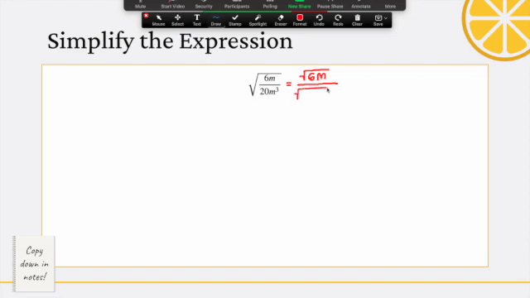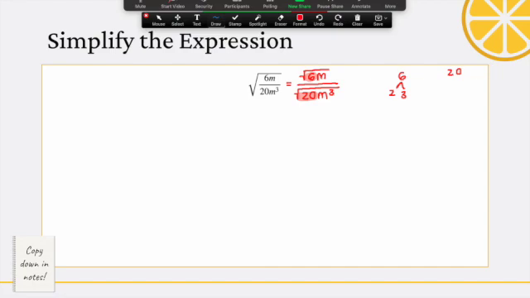Once I do that, the next step is really important to make sure that it makes your life a lot easier, which is to simplify the numbers first. So see if there's anything you can simplify on top. So with 6, we know the factors of 6 are 2 times 3.